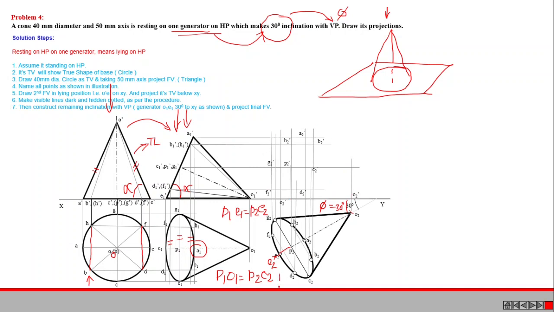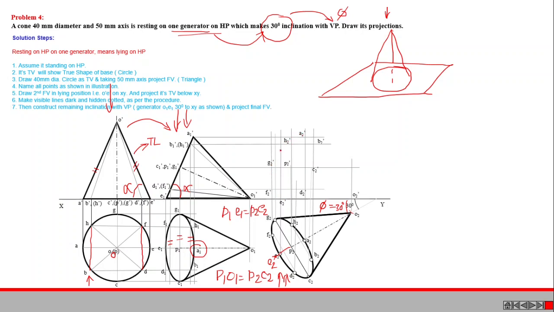Then in front view, we can see that C2, D2, E2, F2, all these points are visible. That means these are the points coming at the boundary of the solid, so these points are already in thick line.